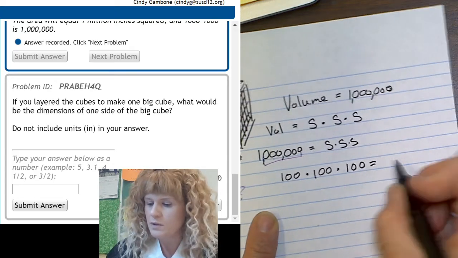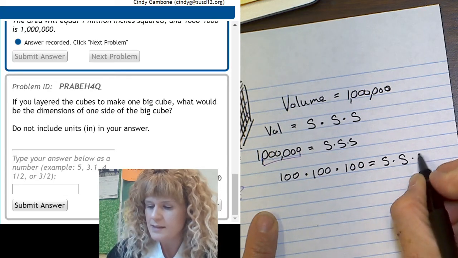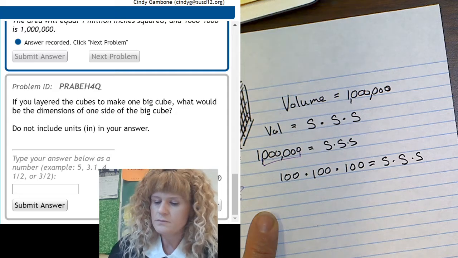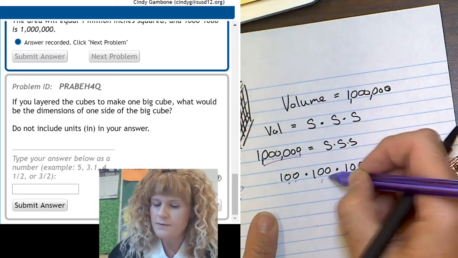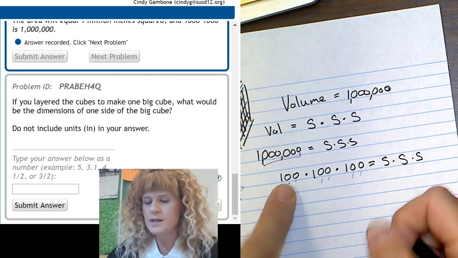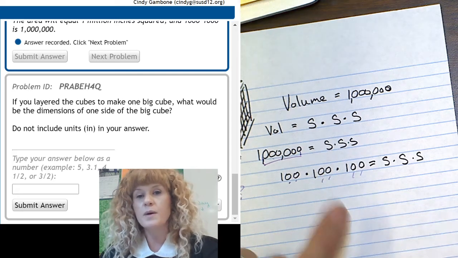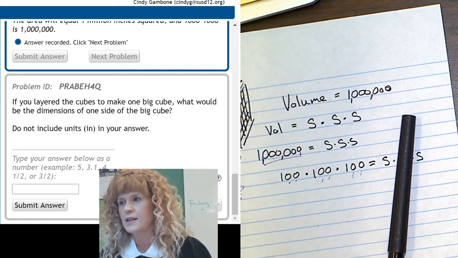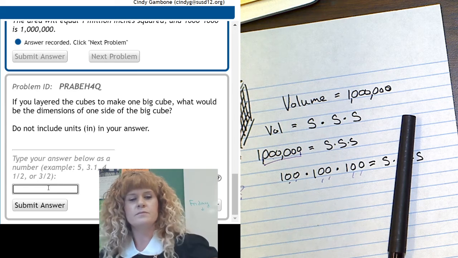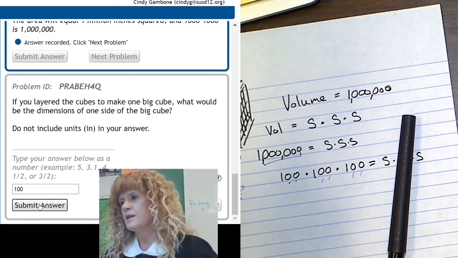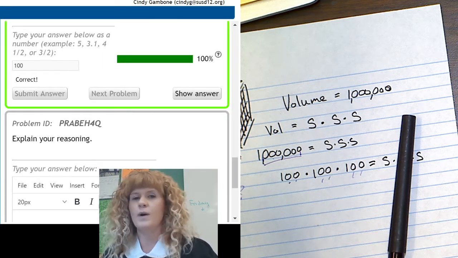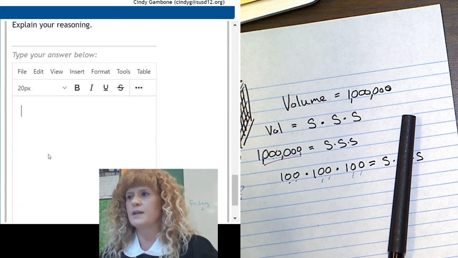That's going to equal side length times side length times side length. 1, 2, 3, 4, 5, 6. 100 times 100 times 100 equals 1 million. So the side length must be 100. Please submit your answer and then explain why. Go ahead and explain. Let me help you.